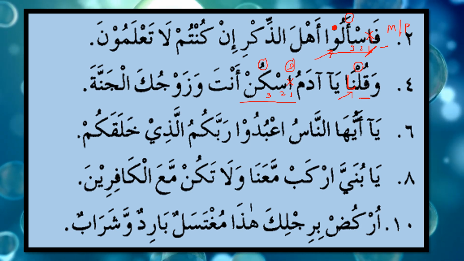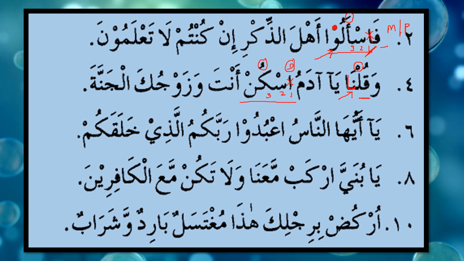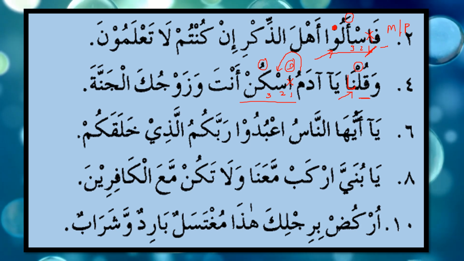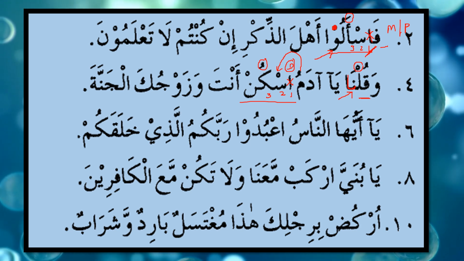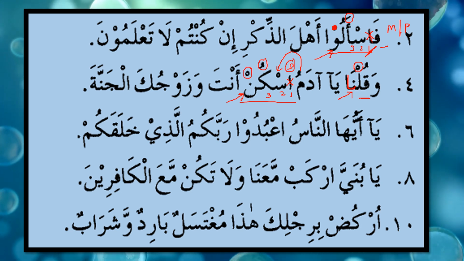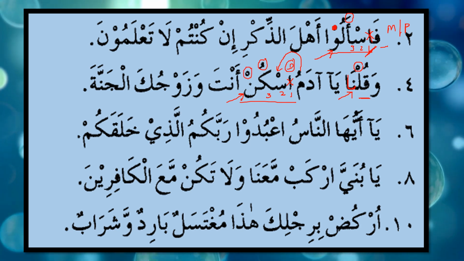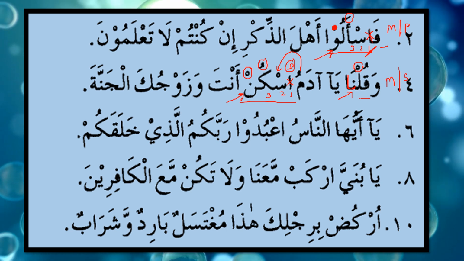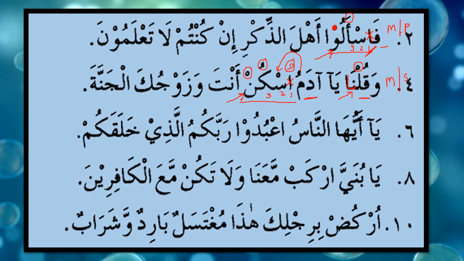It will be omitted. We will go straight from the meem dhamma to the seen. So it's ya adamuskun. And this is a sahih letter with a sukoon, absence of damir. So that means it is a command for male singular, and this is the command for Adam alayhi salam.